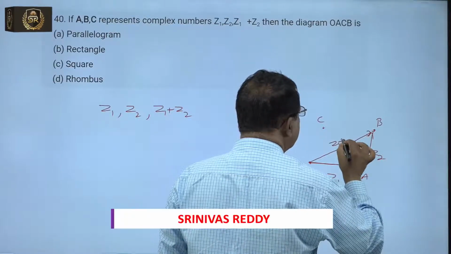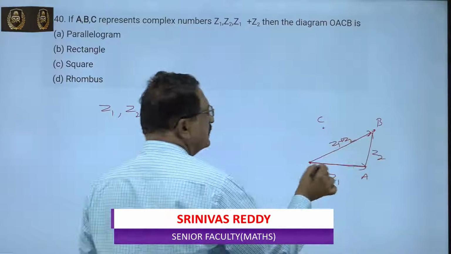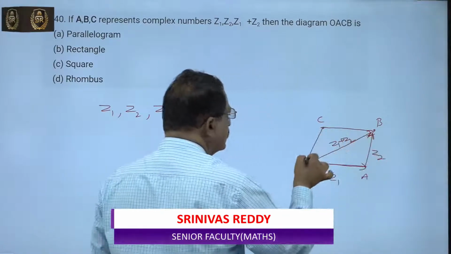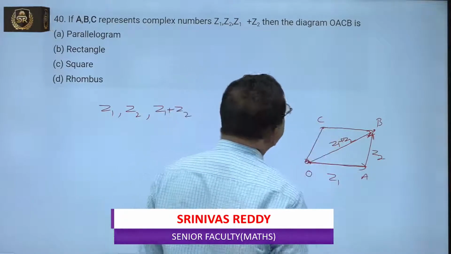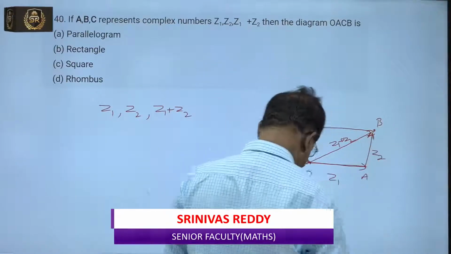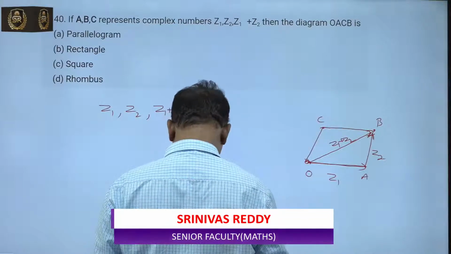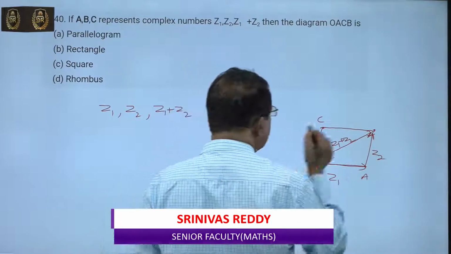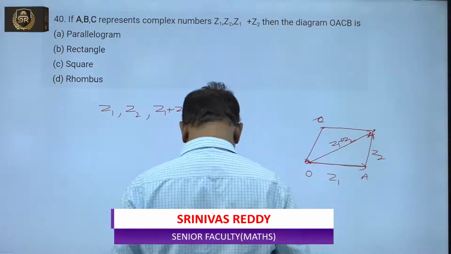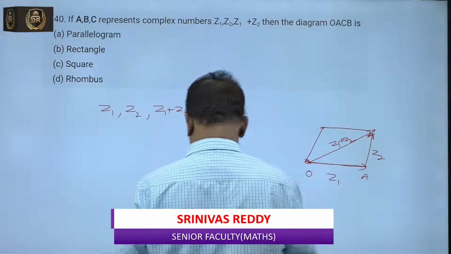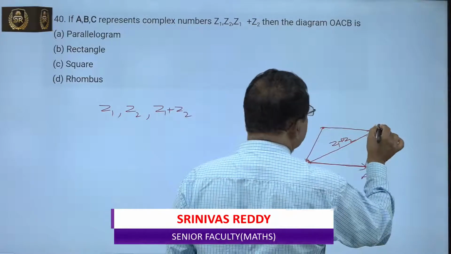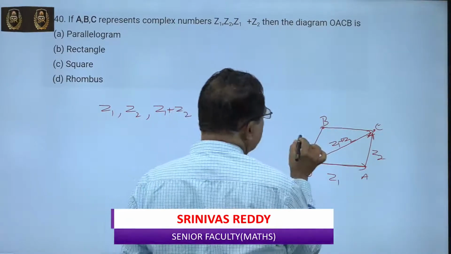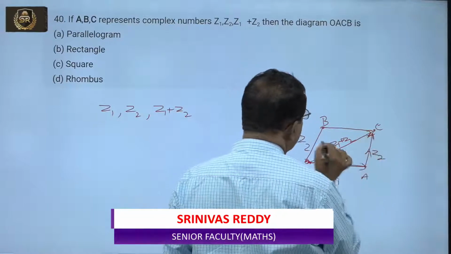Therefore it is Z1 plus Z2, the resultant of these two vectors. Now join it to C. OB equals Z2, it is also Z2.